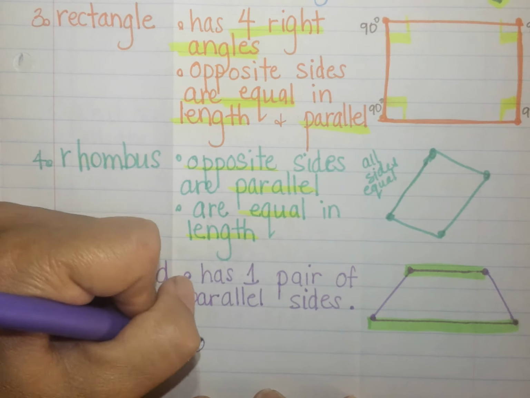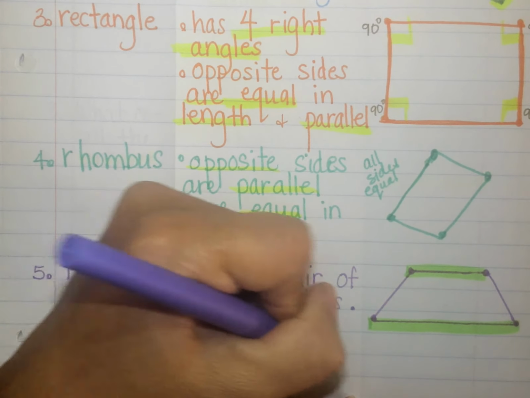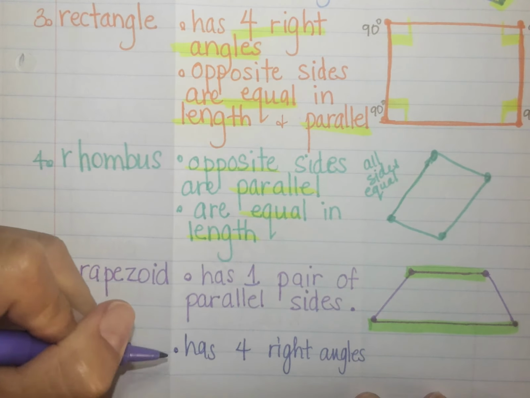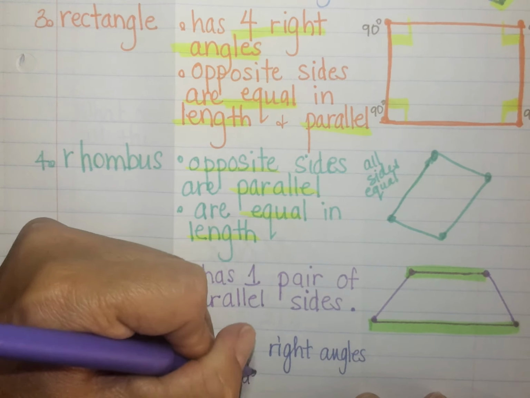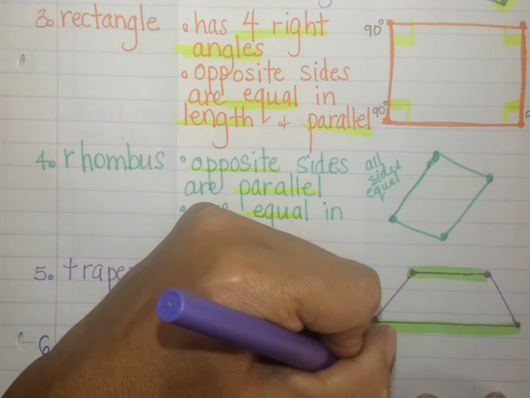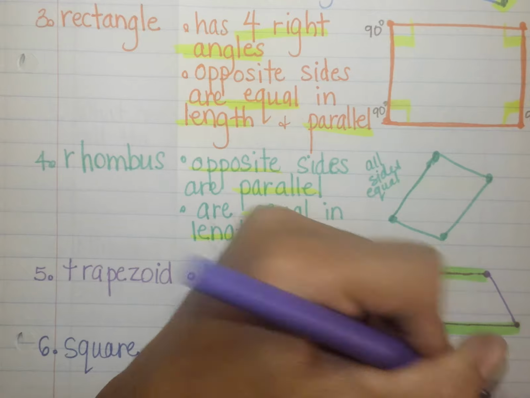Has 4 right angles. All the sides are the same length. And guess what?